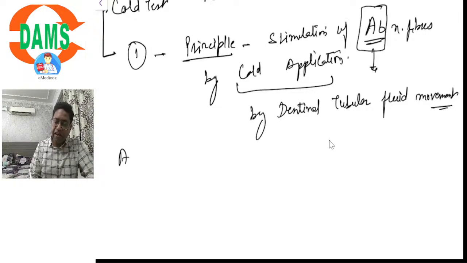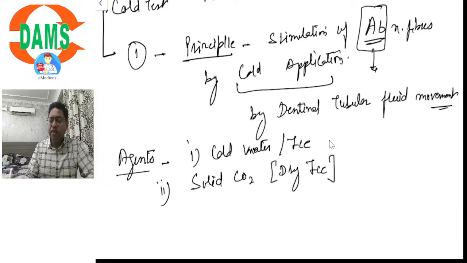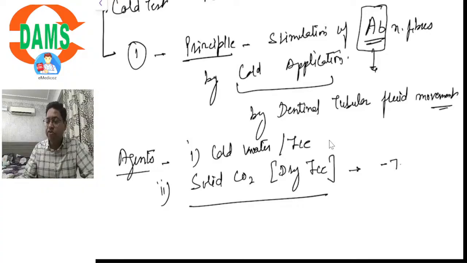Now, what are the different agents that I can use for cold application? The simplest agent is cold water or ice. Another agent that we can use for cold application is solid carbon dioxide, which is also called dry ice. This solid carbon dioxide is one of the coldest agents with a temperature of negative 78 degrees Celsius.